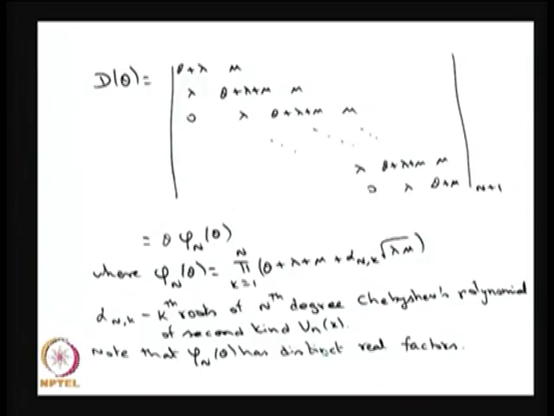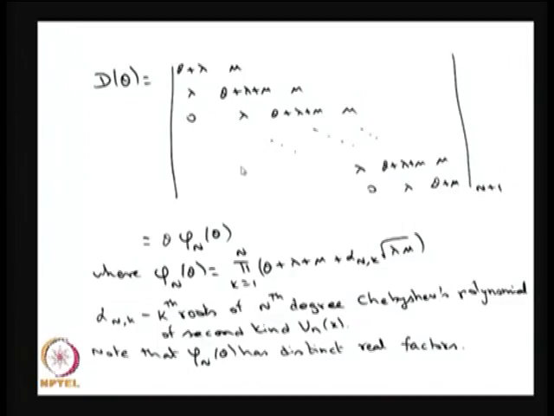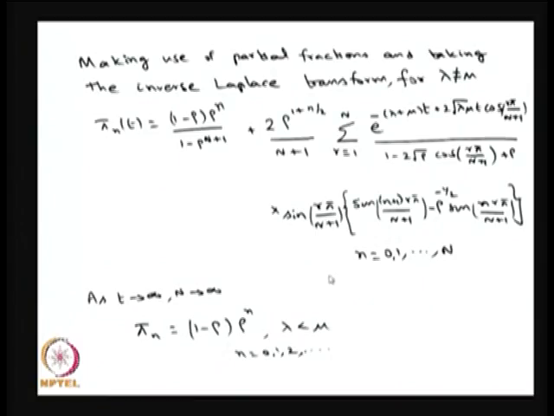Therefore, you can use partial fractions, then take an inverse Laplace transform, and finally you get pi n of t. I am skipping all the simplification; the main logic is the n plus 1 order matrix determinant, whose factors are related to the Chebyshev polynomial roots. Once you use all those and the partial fractions, you take the inverse Laplace transform.